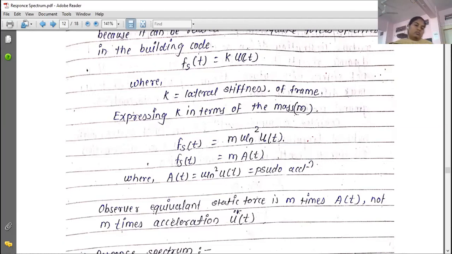So the equivalent static force is m times a of t.